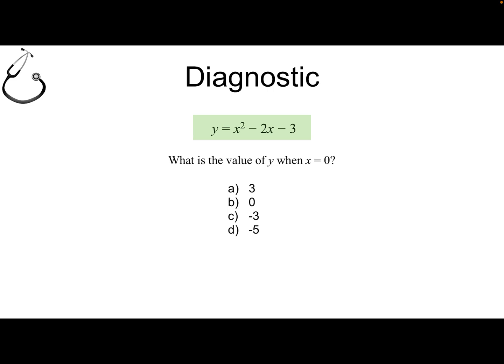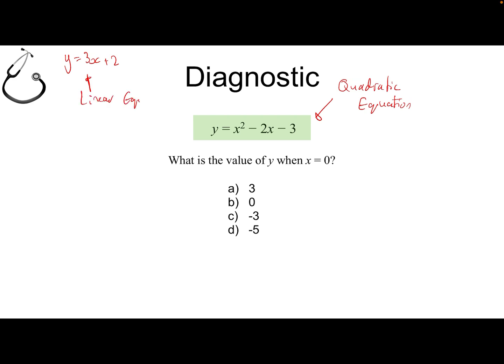Okay, so this thing here, this is called a quadratic equation. It's different to what we looked at before, where we had like y equals 3x plus 2. These were called linear equations.